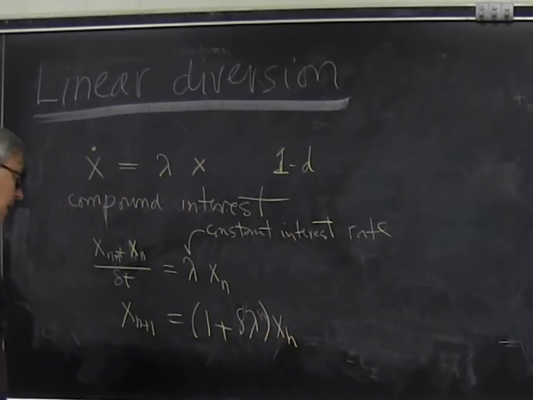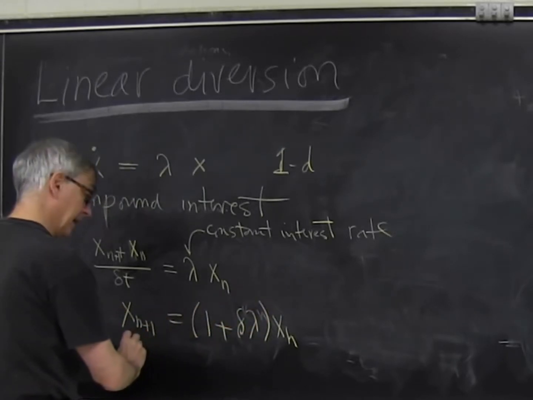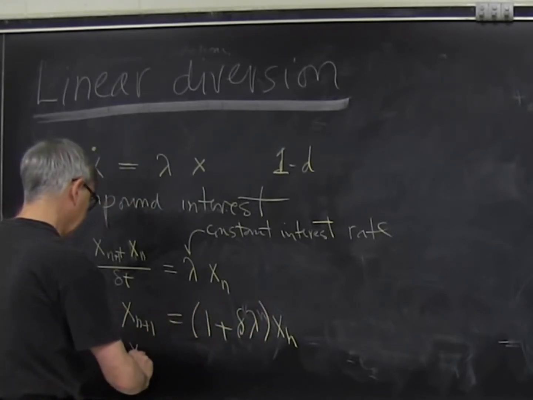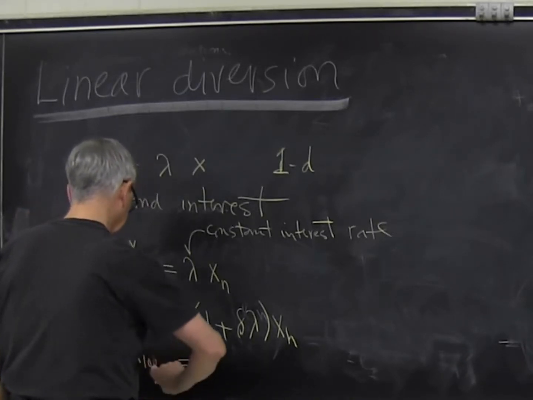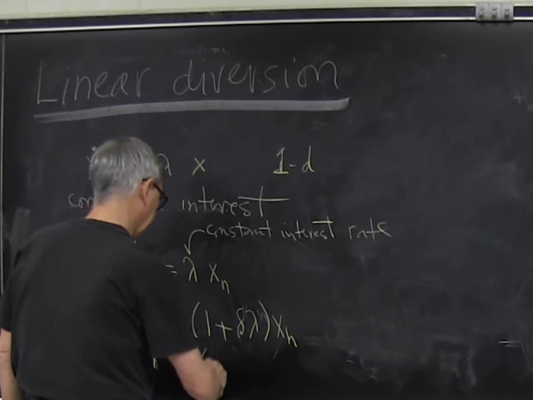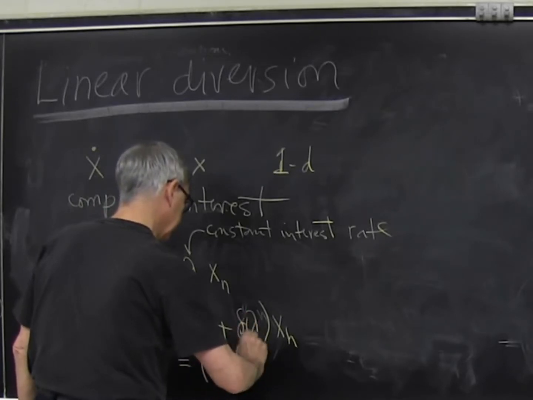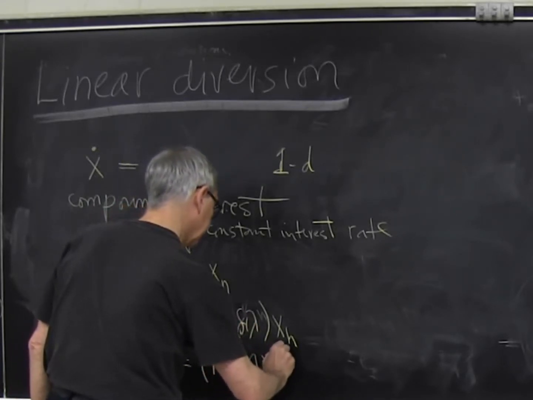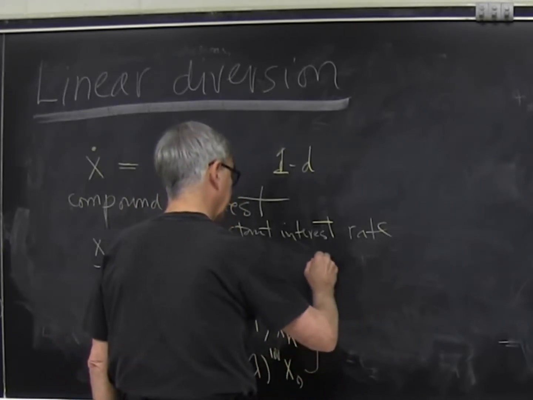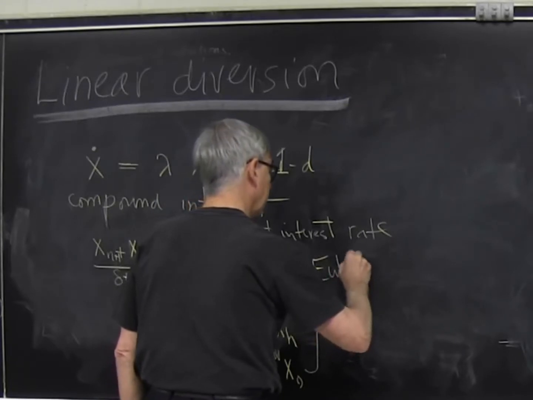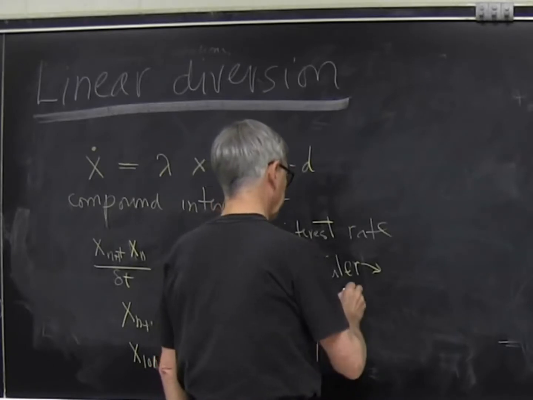And now, 100 years from now, you know what your pension plan will give you if it's computed this way. x_100, or 101, will be (1 + delta t lambda) to the 100 of what you started with. And Euler used this as one way to define an exponential.